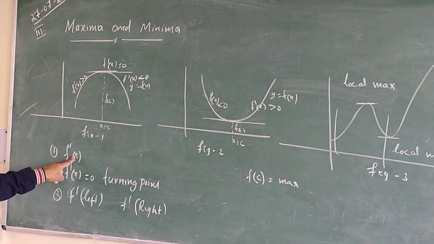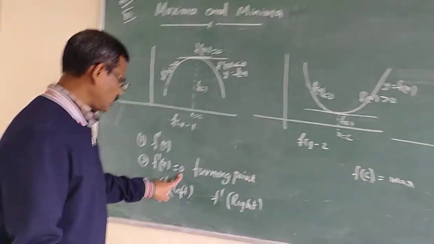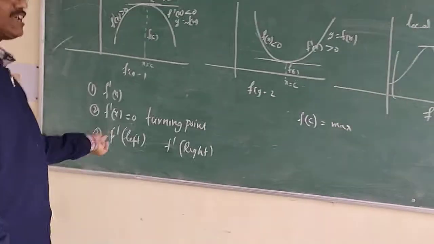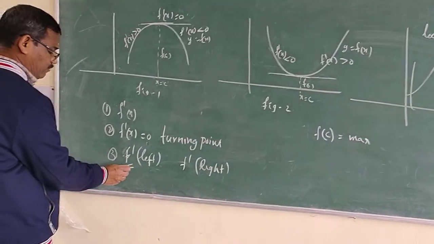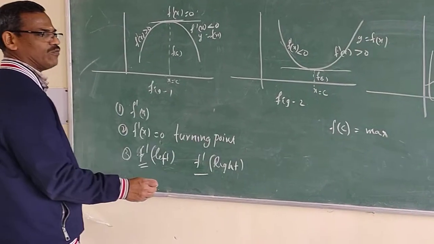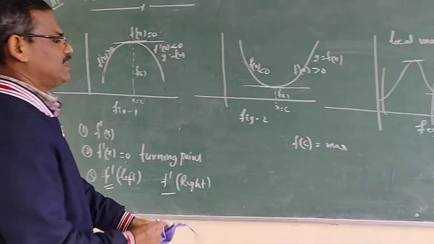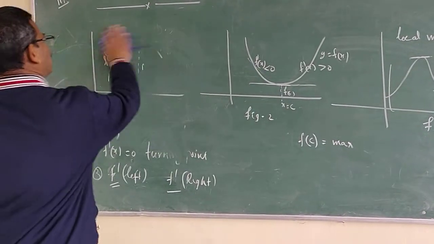f dash x equal to 0 gives the turning point. Then find the left value and right value. The f dash left value and f dash right value at this turning point are very important. And then find the maximum and minimum. Just one example I will give you.